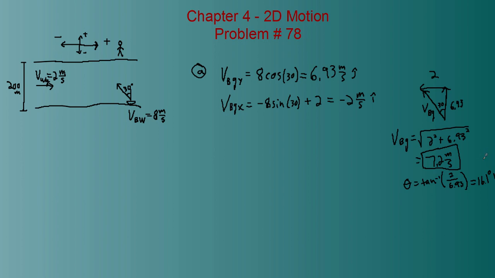Oh, that's off screen, isn't it? So that equals 16.1 degrees west of north. Looks like it cuts off at about here-ish. I'll see on the final edit. Alright, so that's parts A and B, magnitude and direction.